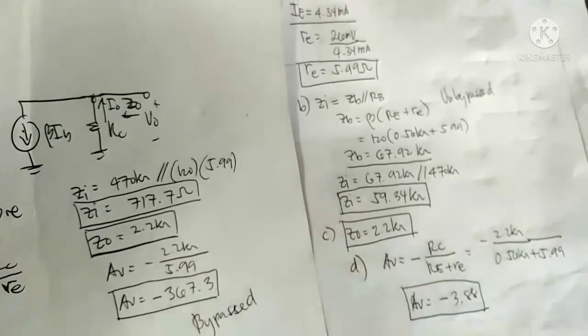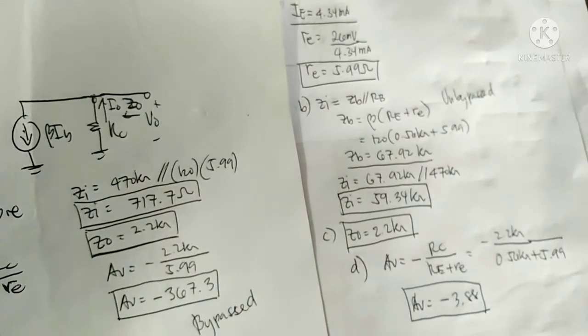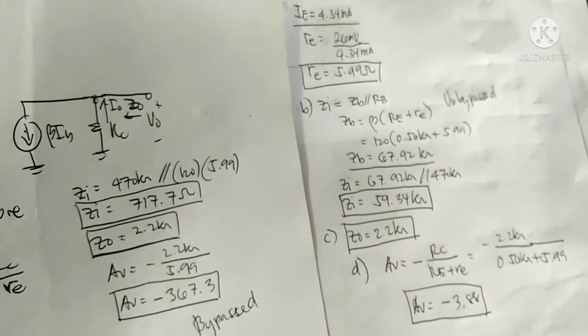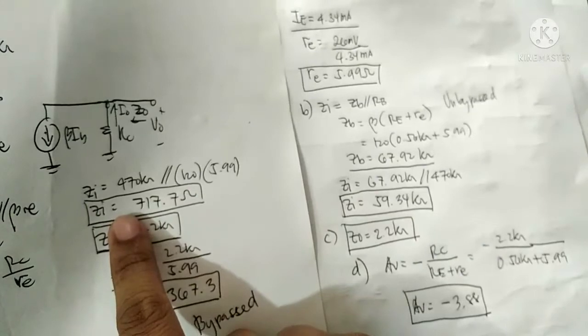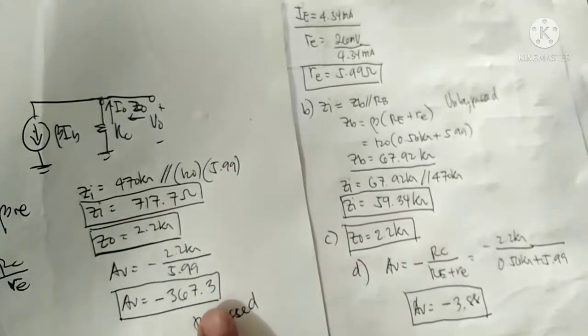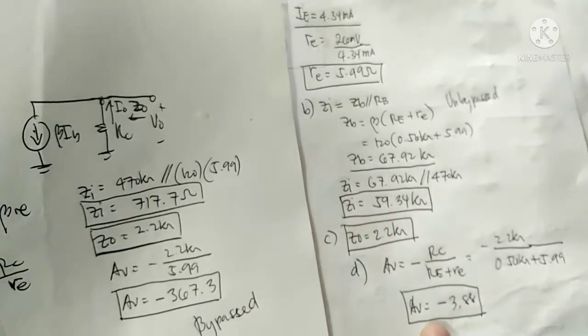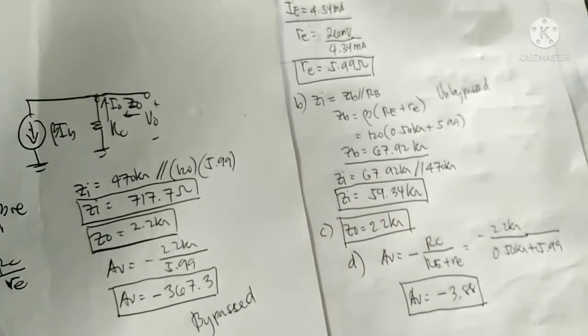So which do you think is best? In an amplifier, the greater the input impedance, the better. The greater the input impedance of an amplifier, the better its performance compared to a smaller input impedance amplifier. But in order to have a higher input impedance, the voltage gain is smaller.